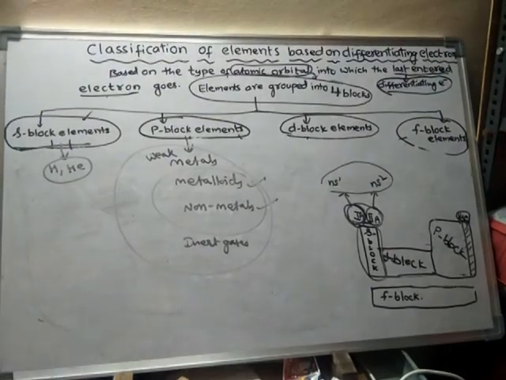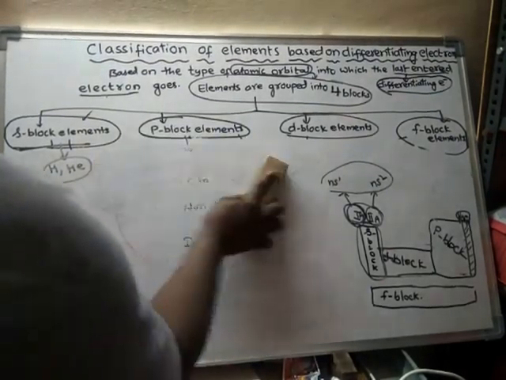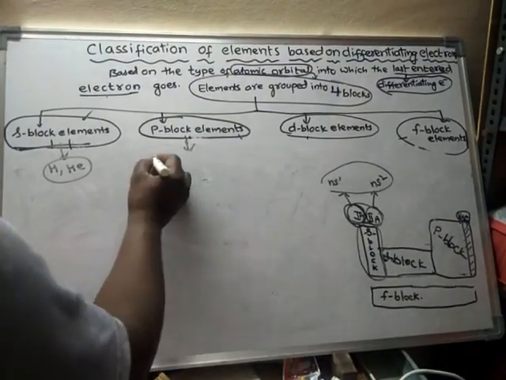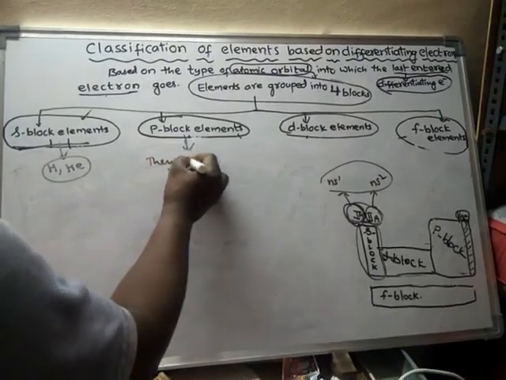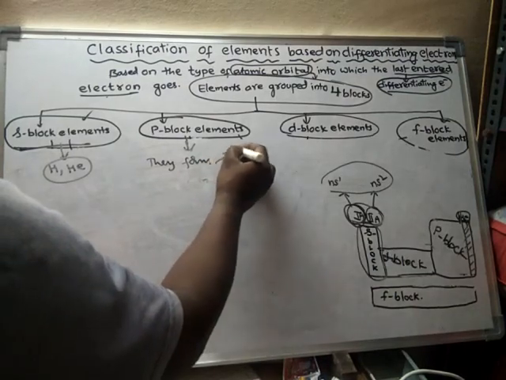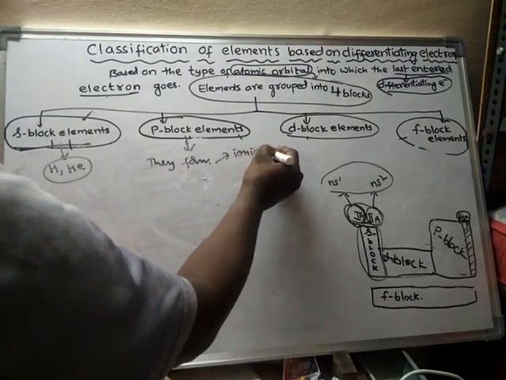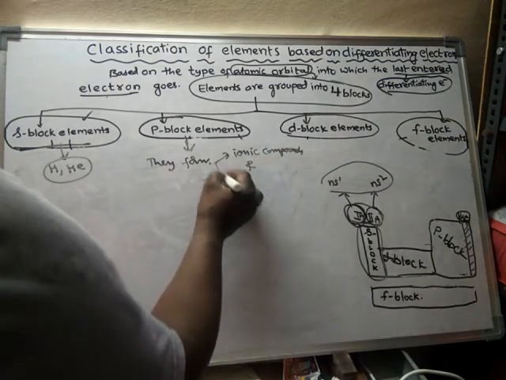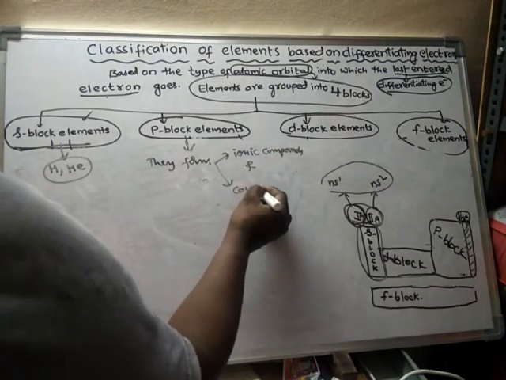Now, the general properties of P block elements. They form ionic as well as covalent compounds.